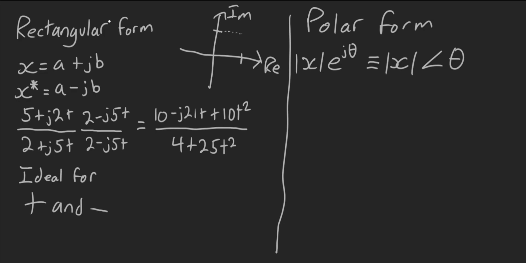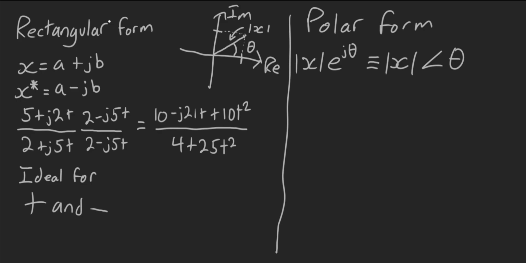They would intersect here, and the line from the origin that meets this intersection, that is the magnitude. And the angle of this line is theta. So we can use polar form to observe the magnitude and the angle of a rectangular form complex number.